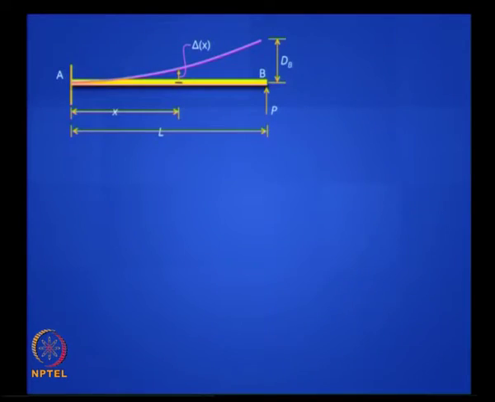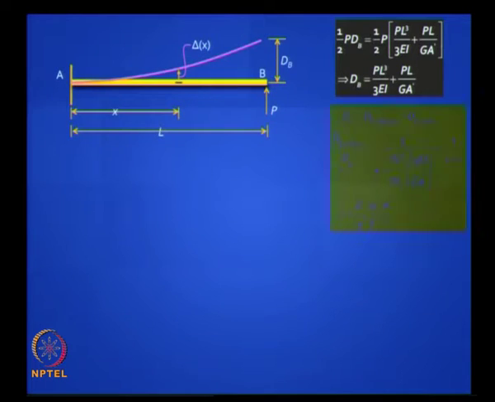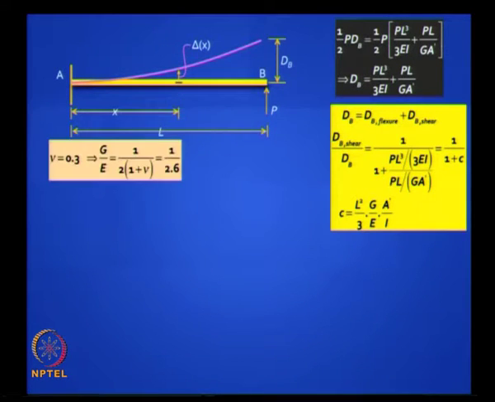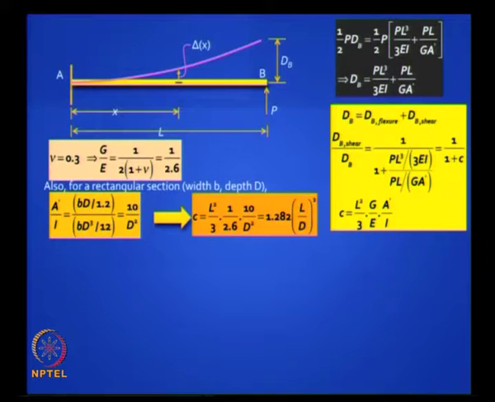Now let us take a simple example of a rectangular section, and for a material like steel where Poisson's ratio is 0.3, that expression for C will reduce to something like 1.282 into L by D the whole square.